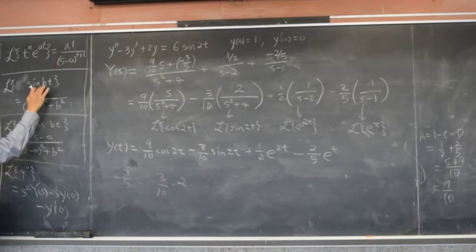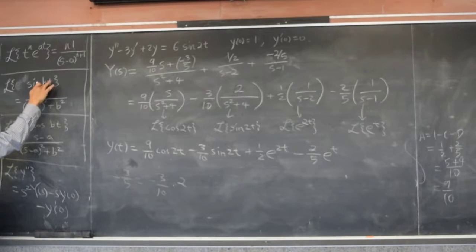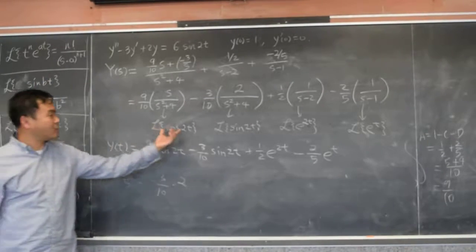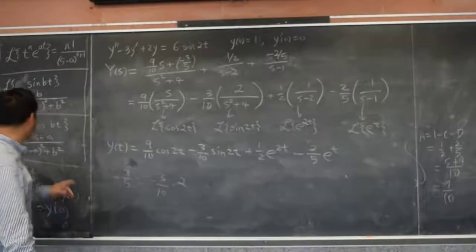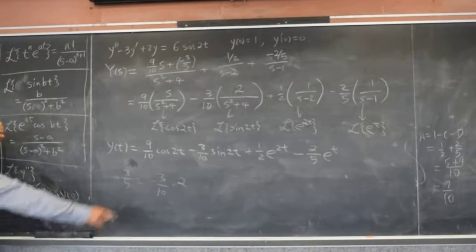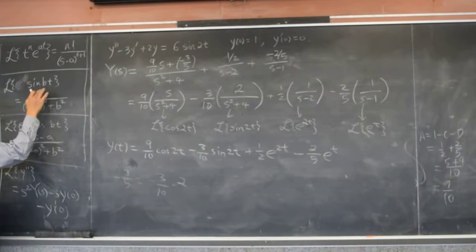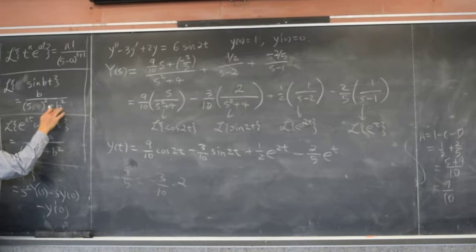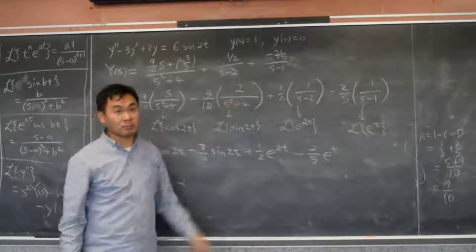I have this formula, where b and b should be the same thing. I have cosine 2t, so probably we're looking for sine 2t, right? But for sine 2t, the Laplace transform is 2 over s squared plus 4. It shouldn't be 1, it has to be 2. Okay. And that's why we wanted this 2.